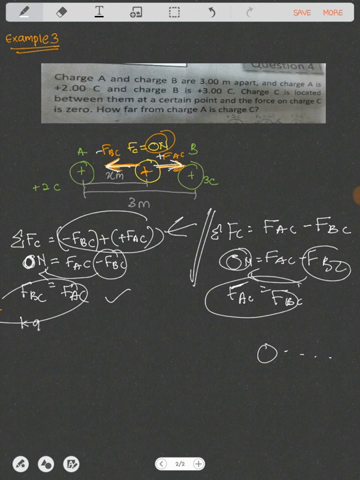K QB QC, which is modulus, and then R square, K QA QC R square. So benda yang sama, end up ni akan jadi bahagi apa semua tu, bawa ke sana semua tu sama, kita tolak ke tepi.